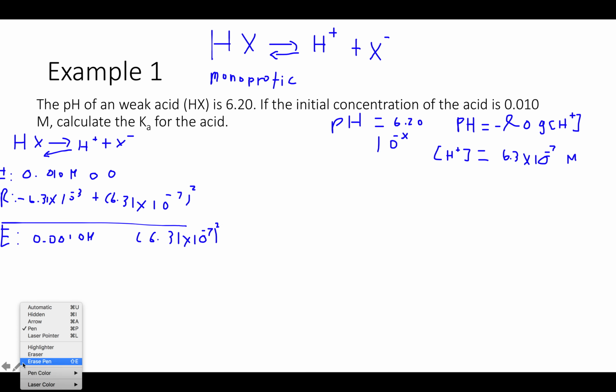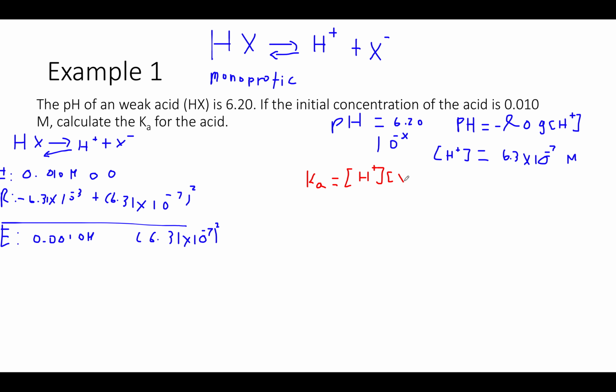So from here, what I can do is write the Ka expression. The Ka expression is simply the equilibrium expression, products over reactants. In this case, our hydrogen ion concentration times the X anion divided by the undissociated weak acid. So we just found these numbers. On top we have 6.31 times 10 to the negative 7th squared, because there's two of them.